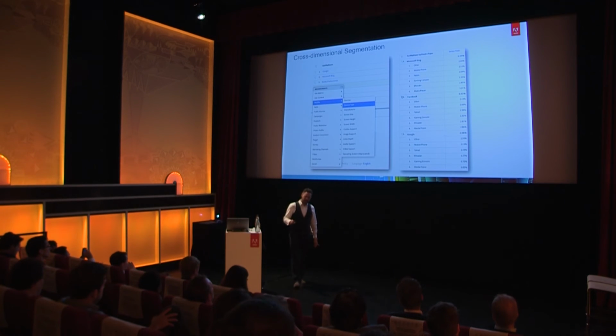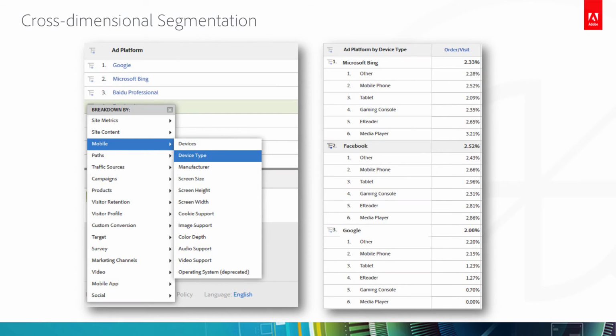But in the end, if there was just one report that you pull, I save the best for last. My favorite button or icon and feature in all of Adobe Analytics is this icon right here. And it's found at the top of every report and at the front of every row. It's the subrelation and breakdown button.